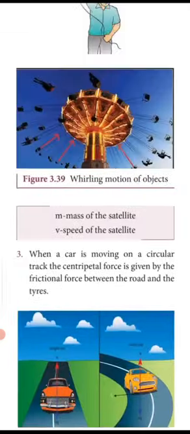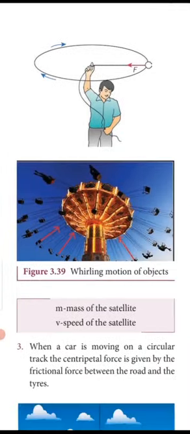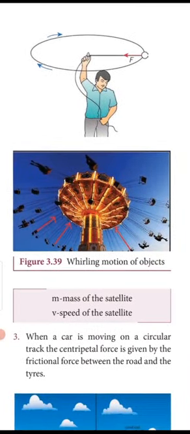So in the first case, that is the whirling motion of a stone tied to a string, the string and the iron rope both have tension force, and that force acts as the centripetal force. And in the second case, the movement of the satellite around the Earth, there also the gravitational force acts as the centripetal force.